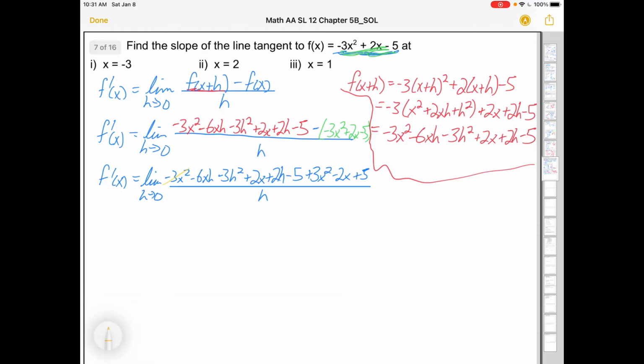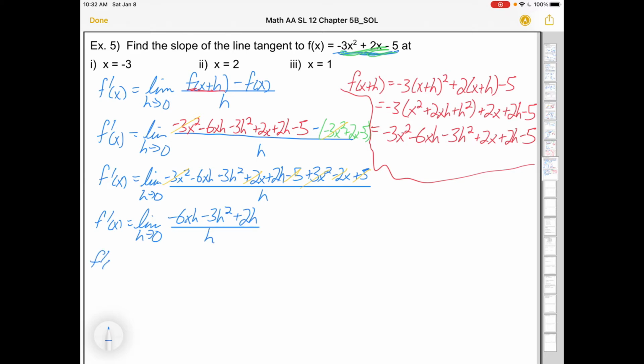Negative 3x squared and positive 3x squared, you might have seen them here. If they're the same but they're being subtracted, then they'll be gone. 2x and negative 2x, they're gone, and negative 5 and positive 5. So things are starting to clean up a little bit. Limit as h goes to 0 of negative 6xh minus 3h squared plus 2h all over h.